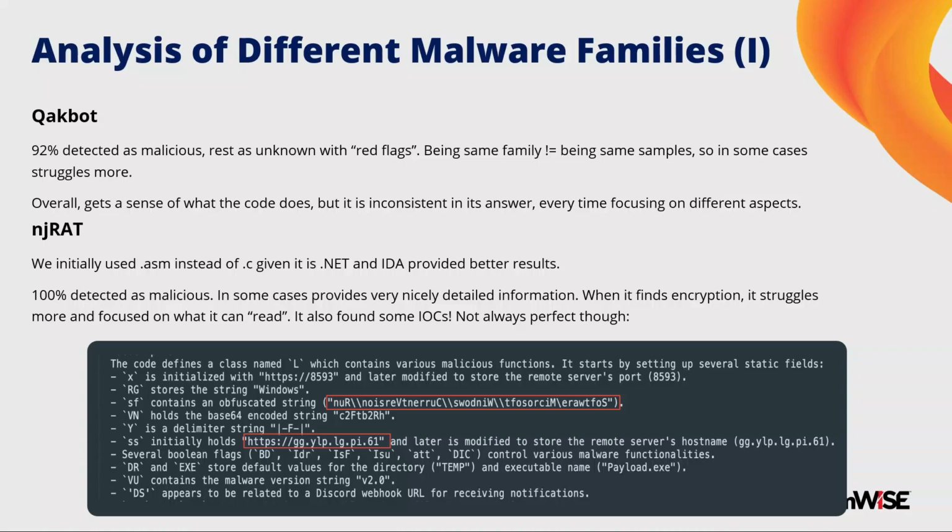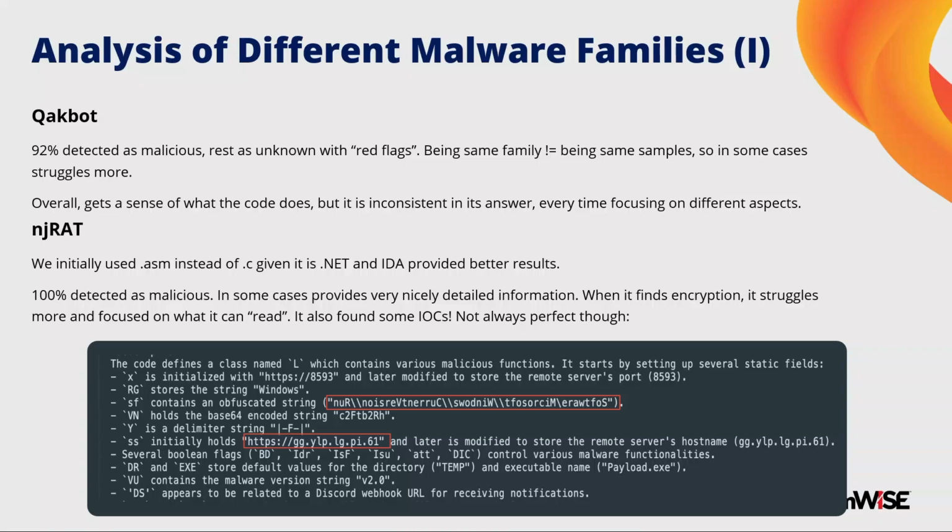This is a registry entry, and this is a domain. But you need to read it from right to left. So inside of the code, this is written from right to left. And in this case, the LLM doesn't have the capability to say, hey, there is something strange here. And it's providing you the IOC as it is, as found inside of the sample, which is kind of funny.